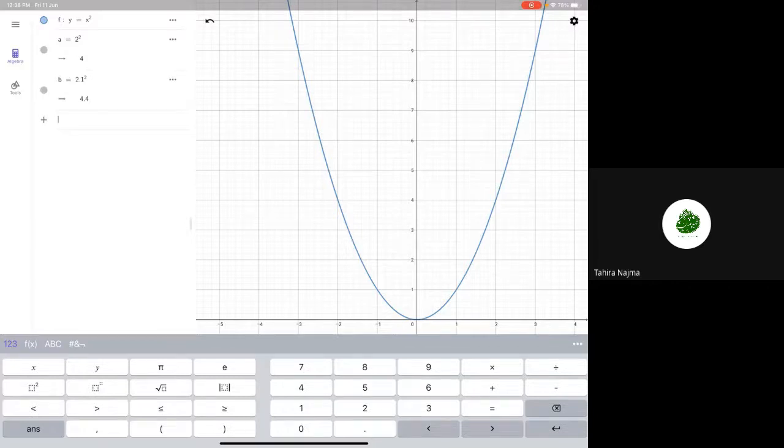Yes, sir. So f of x is like f of 2. Clear? f of x plus dx is like f of 2.1. समझ गए? Yes, sir. ठीक है, तो 2 के लिए आई वैल्यू 4, 2.1 के लिए आई वैल्यू 4.4. Are you getting my point?